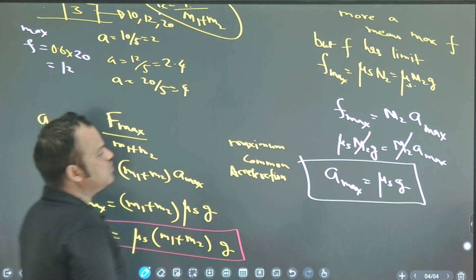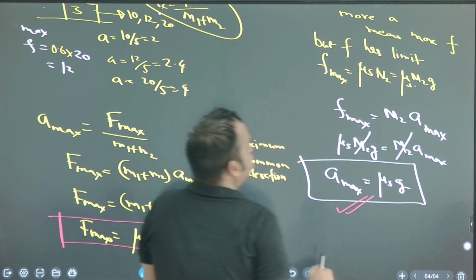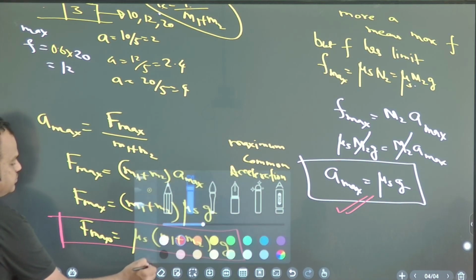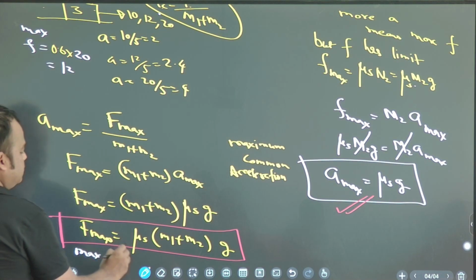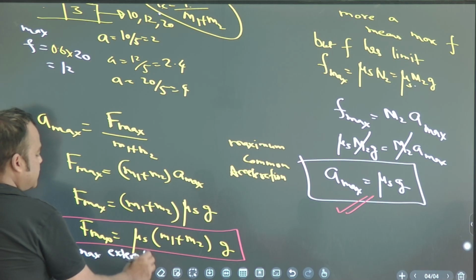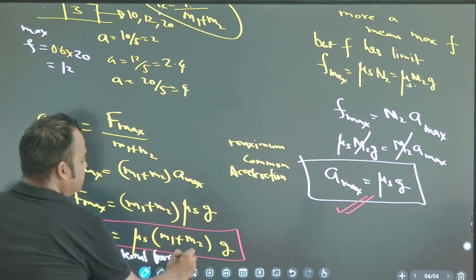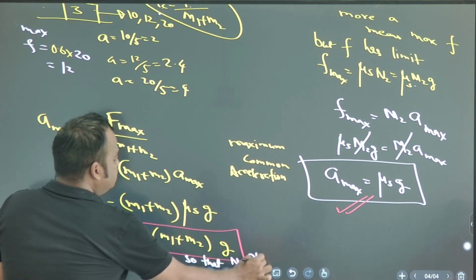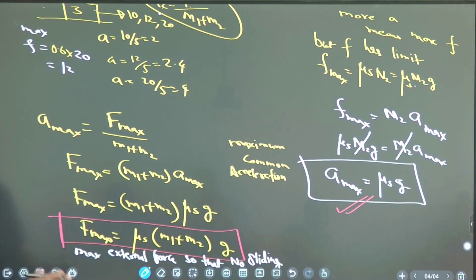In your formula diary also you write maximum acceleration mu s g, maximum external force, so that no sliding. Blocks do not slide. They will go together.